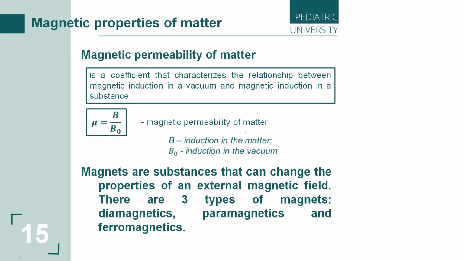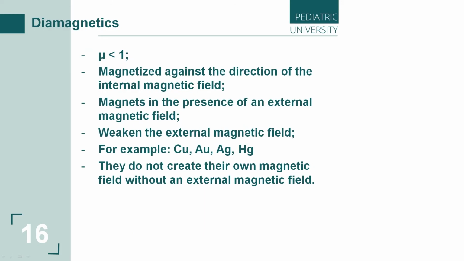Substances that can change the properties of an external magnetic field are called magnets. And there are three types of magnets: diamagnets, paramagnets, and ferromagnets. Let's consider each type in detail. Firstly, let's start with diamagnets.